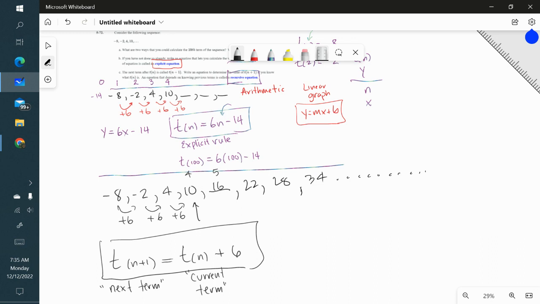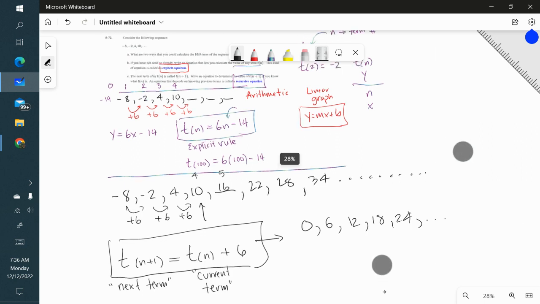Now, there's a problem with this notation. This is describing any sequence that's adding 6. So this rule, as it stands, would also work for this sequence. This describes any sequence that's add 6 over and over again. So how do I specifically say, okay, this rule is for this sequence?